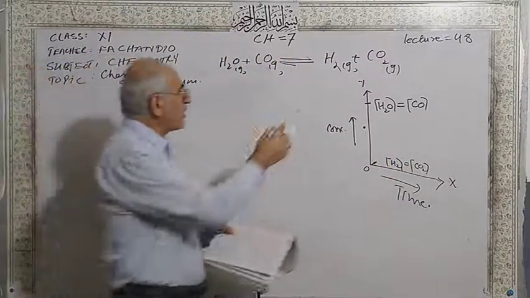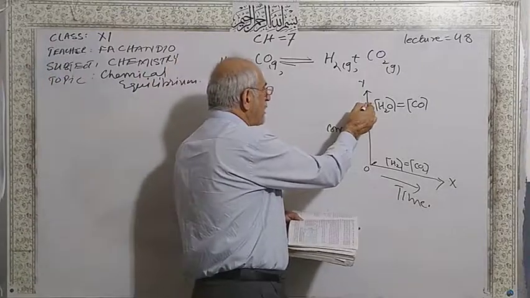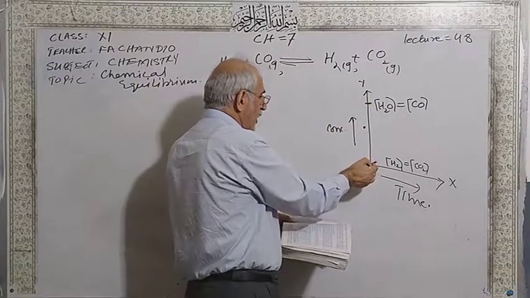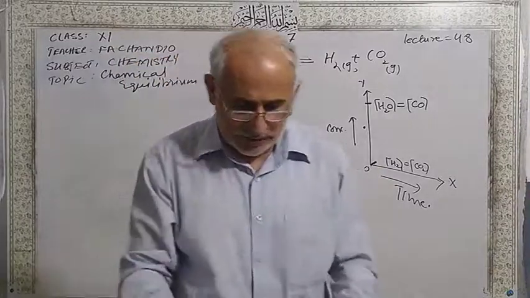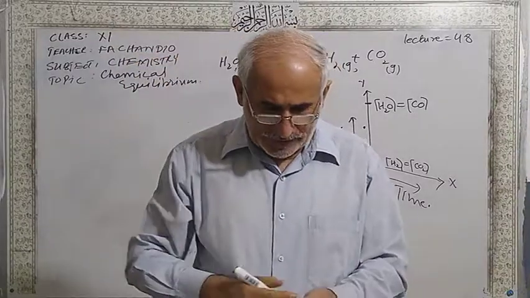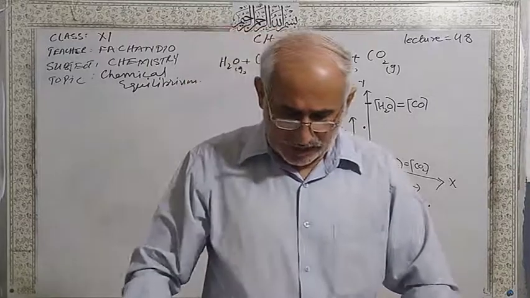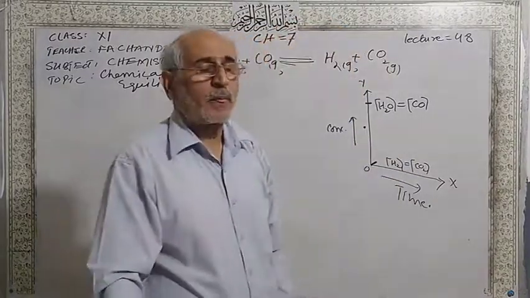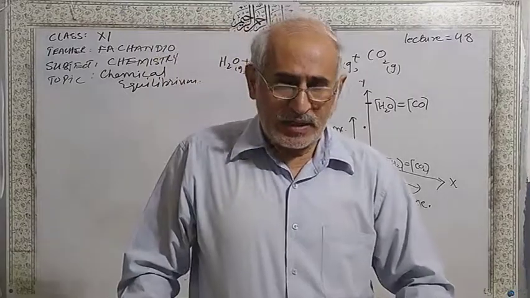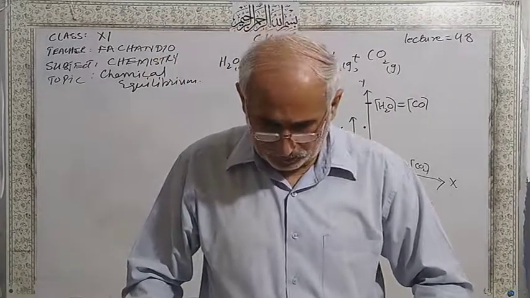So initially the concentration of reactants is maximum and the concentration of products is minimum. As the gaseous water and carbon monoxide are gradually used up, the chemical reaction starts.